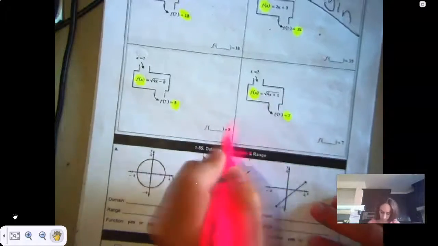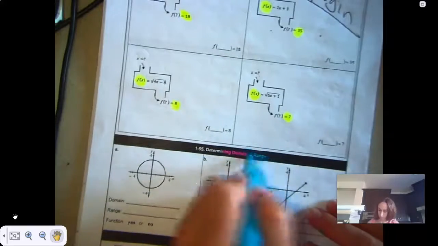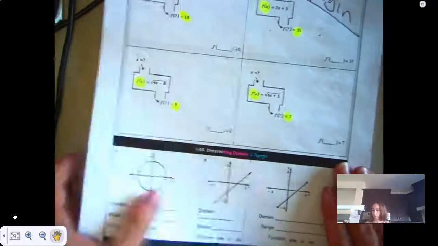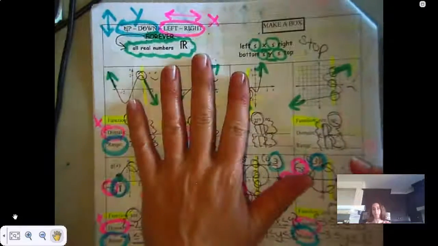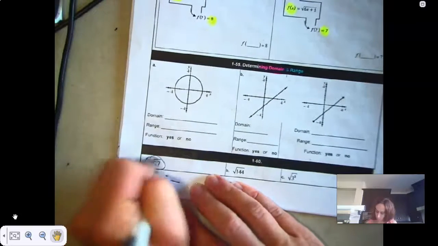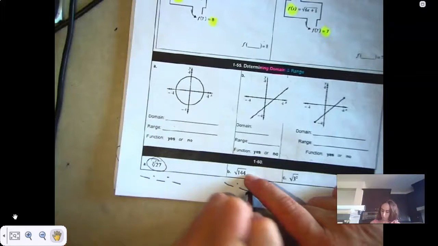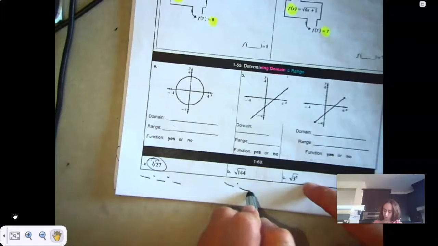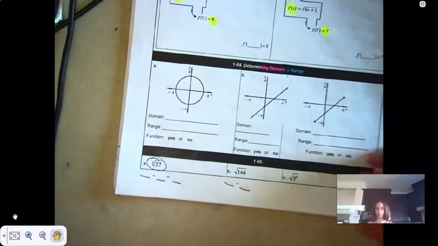This is domain. This is range. So you take these 3, and it's this right here. Okay? And then this one right here, remember it's what times what times what is 27. What times what is 144. And then simplify that one. Okay? And that's it.